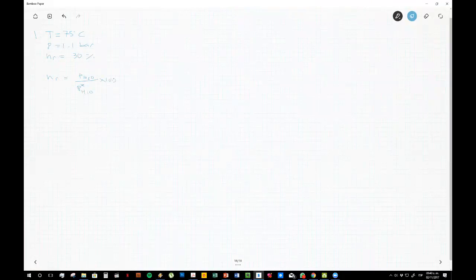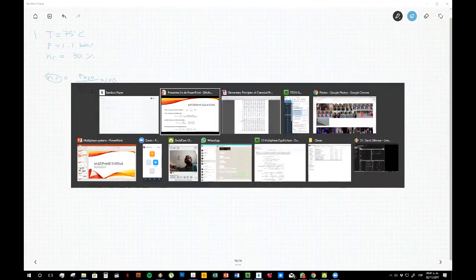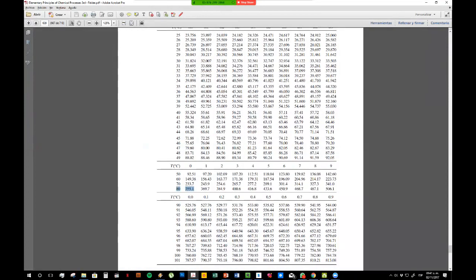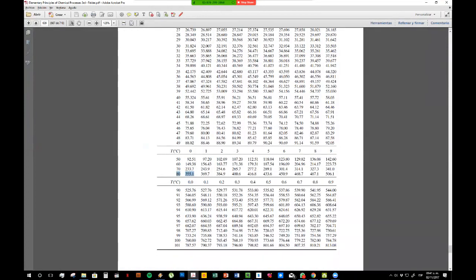We have 30 for the relative humidity, and we can get the vapor pressure of water at 75 degrees because we have a table for it. So we go to the table and look for 75. Here we have it, 289.1.